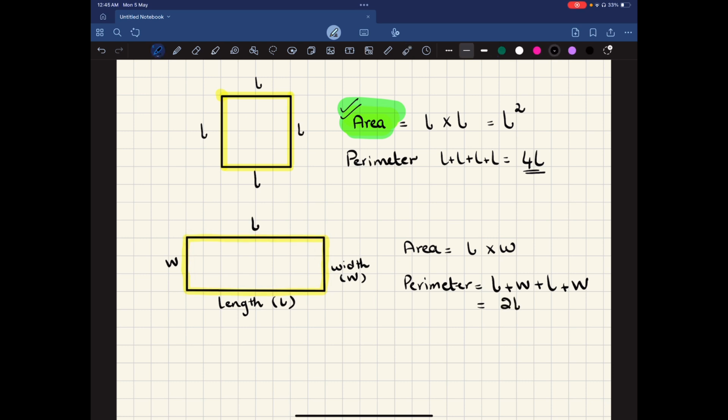So this would become 2L plus 2W, or you can simply take 2 common and write 2 times L plus W. All of these are correct. So make sure that the formula for calculating the areas is absolutely clear. You need to memorize it. There's no shortcut for this.